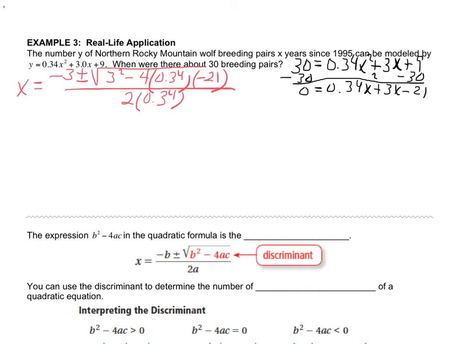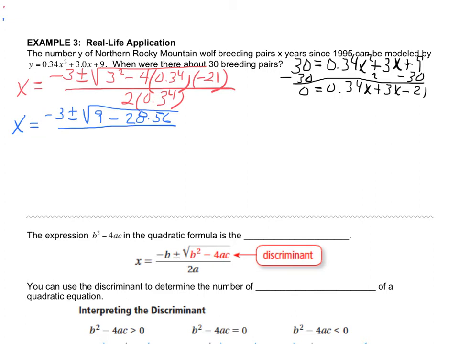Okay? When I move on to my next step, we'll change color just so we can see the difference here. Negative 3, still plus or minus. When I go inside my radical, I get 9 minus, and I didn't just do this one in my head. I used the calculator and already had it ahead of time. 28.56. And I made a mistake here.